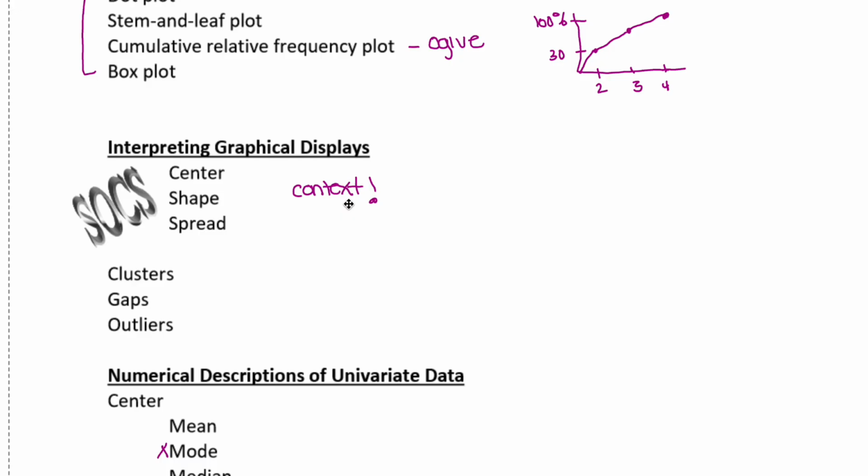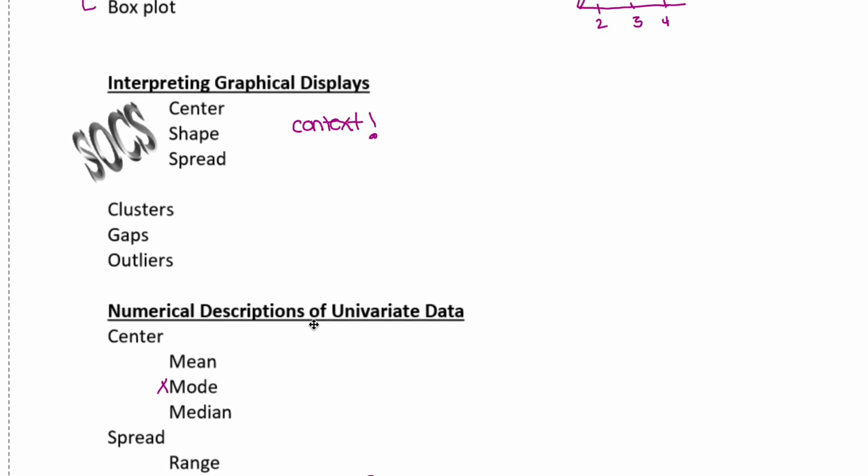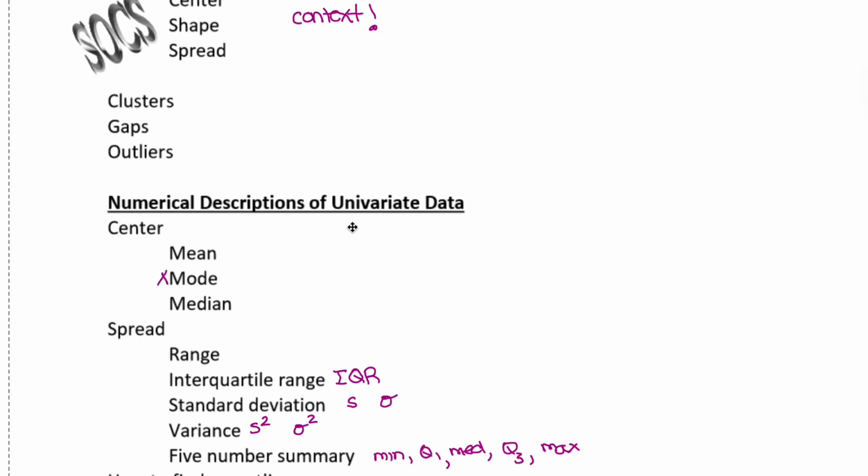You have to say, well, what is given in the question, how can I put my words into context? And that's really important. For numerical descriptions of univariate data, we have center, which has 3 key terms: mean, mode, and median. N+1/2 is for median, and that's how you find the location of the median.